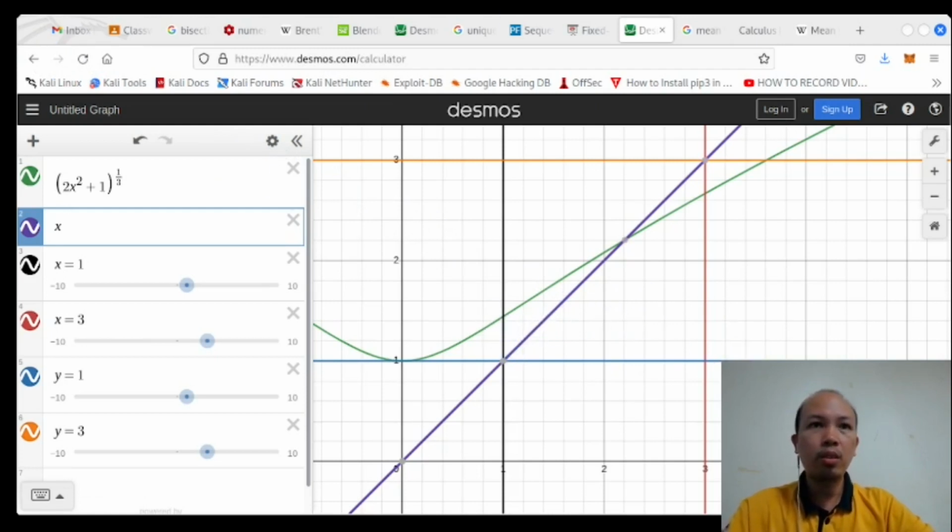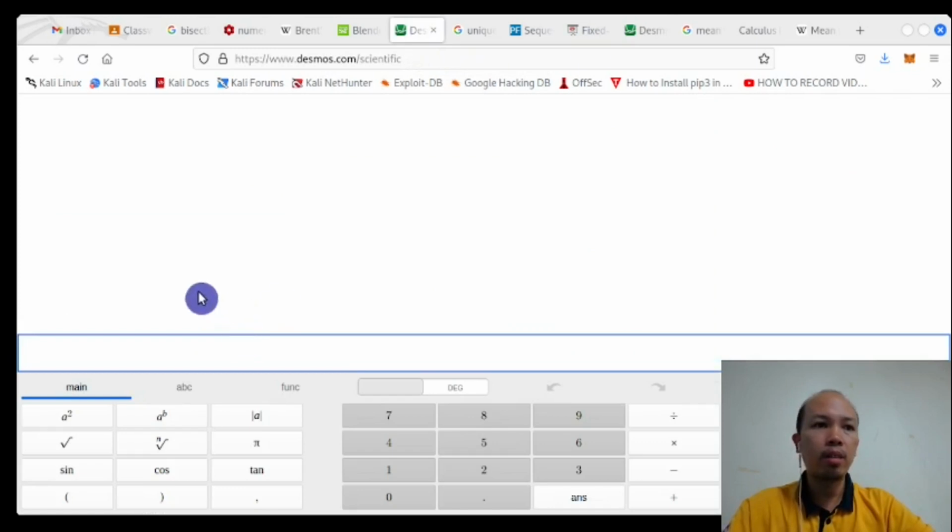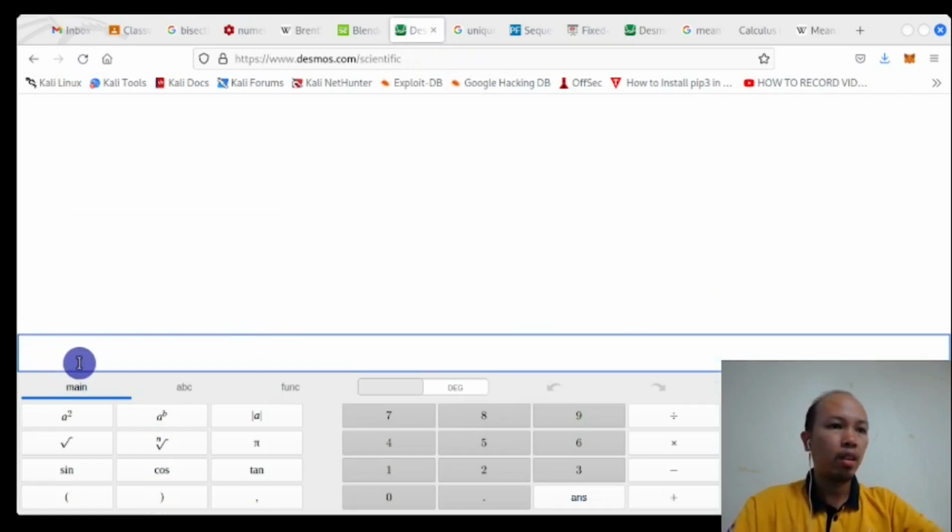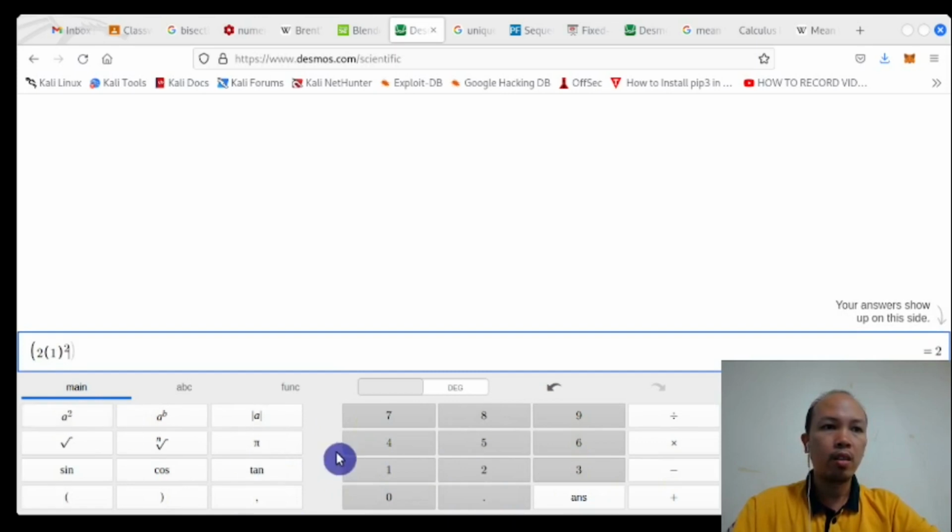Okay, so g of 1, let's compute our g of 1. 2 times the quantity 1 squared plus 1, and then close, raised to the power of 1/3.